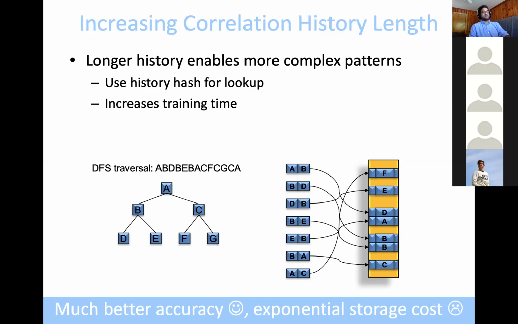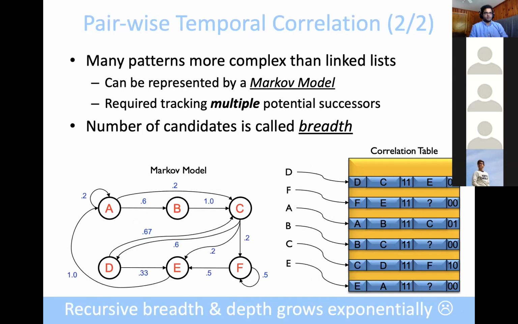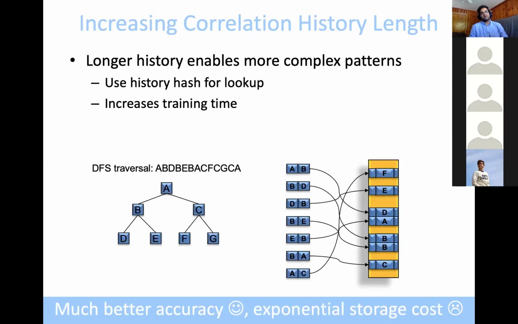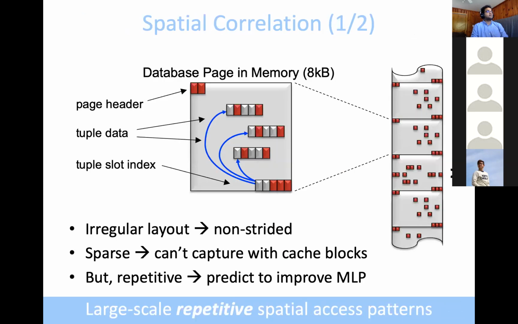In this case, the storage cost for this kind of a table tends to be similar to the pairwise correlation table, but has much greater accuracy. So most of the time, you'll see this kind of a thing implemented. But that said, there's lots of other ways of trimming down the storage needed here, but we're not going to get into that. This is just to give you an idea of what kinds of history tables exist, what kind of patterns exist here, right?